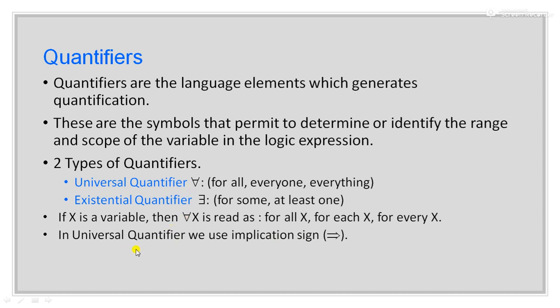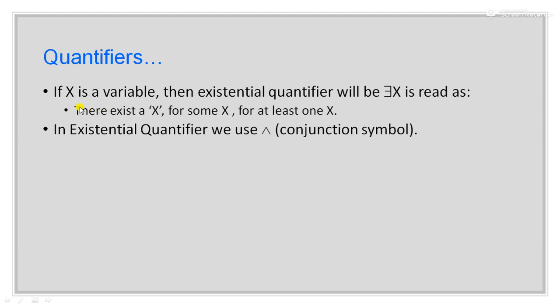Now if x is a variable, then the existential quantifier will be represented as this, and it can be read as there exists an x, for some x, or for at least one x. Whenever you are representing any sentence using the existential quantifier, you use the conjunction symbol, which we will discuss later.